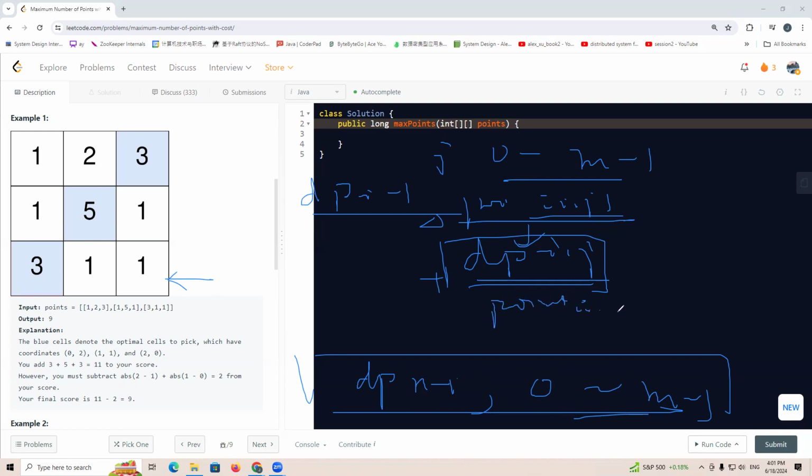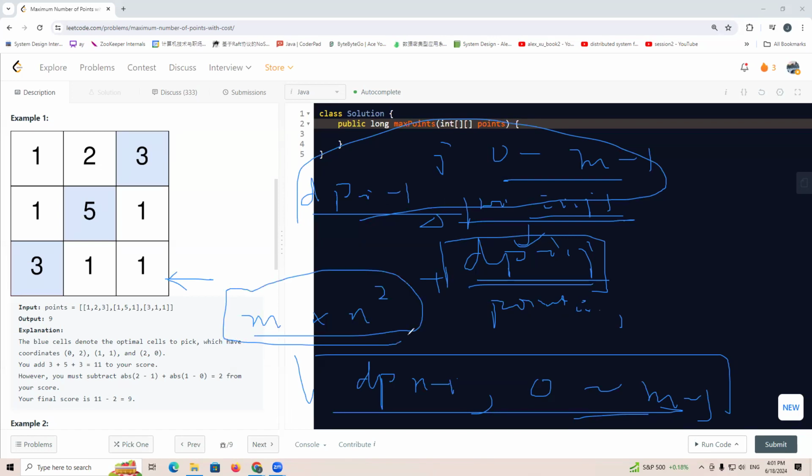So if we have m rows and n columns, for each cell we need to iterate over the previous n cells. So that will be m multiplied by n squared time complexity. That is apparently not efficient.